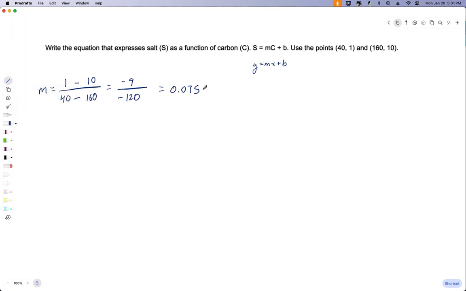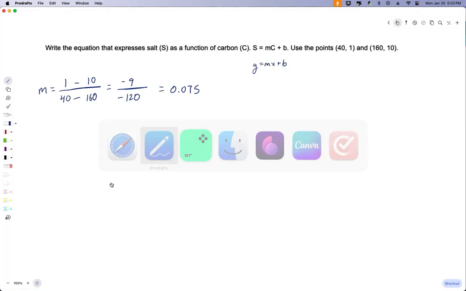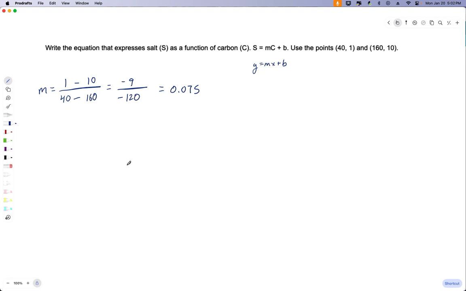Now, when you have a situation like this where you only have 3 places, sometimes we leave it like that. Let me see what the solution gave us. Yeah, it said to do all 3. So when you have something that needs to be rounded, round it to 2 decimal places.